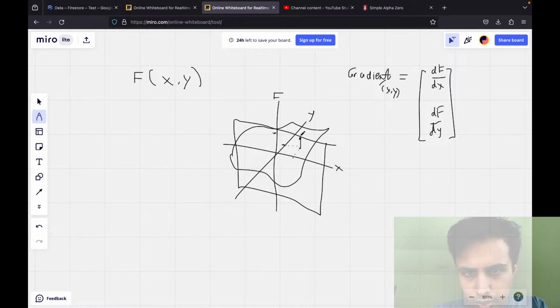So if we step a bit forward in the x direction, just a little bit here, then what happens is we drop. This change in height from here to here is our df, and that's our dx.